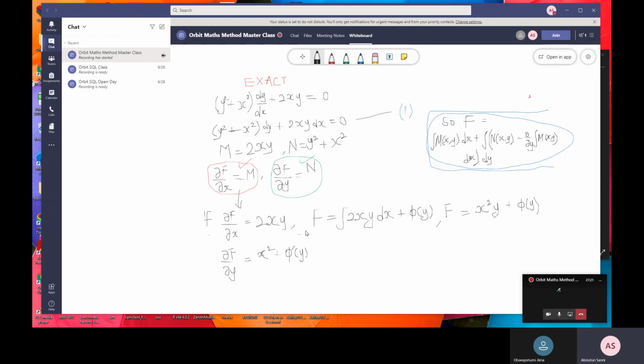And don't forget that it is stated here that df/dy is N. So this should be equal to y squared plus x squared. Are you following? Yes.